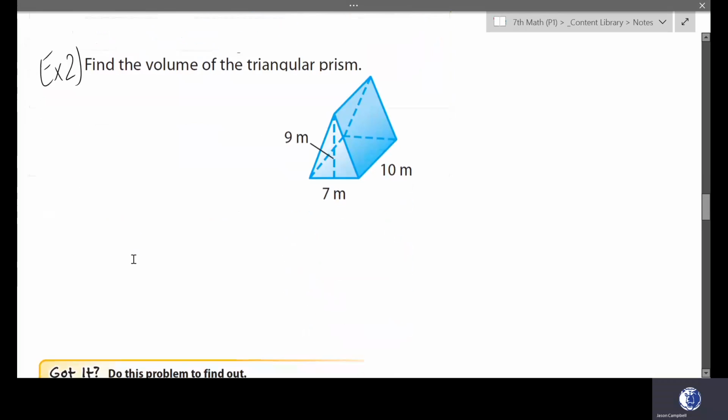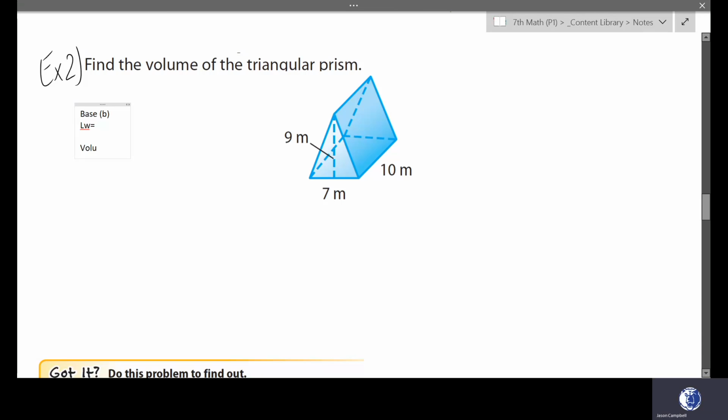So example 2 says find the volume of the triangular prism. So we need the volume, which is equal to, so let's do base B, is base is equal to length times width.